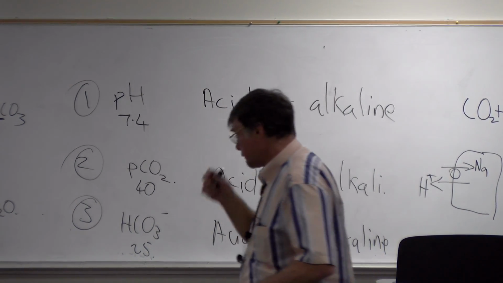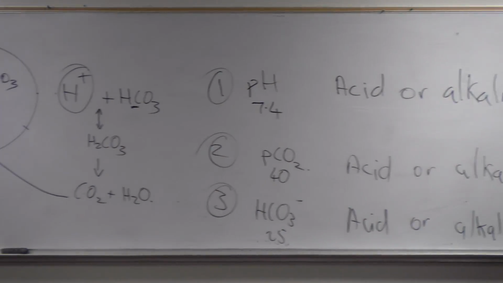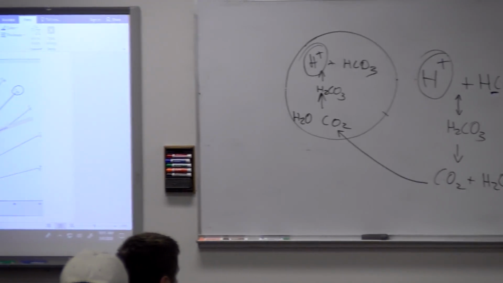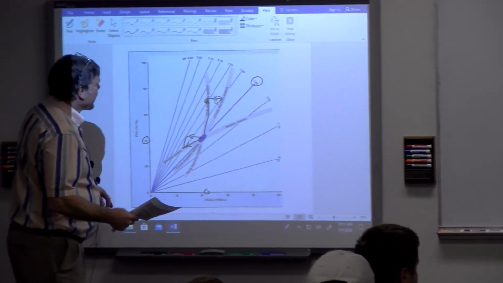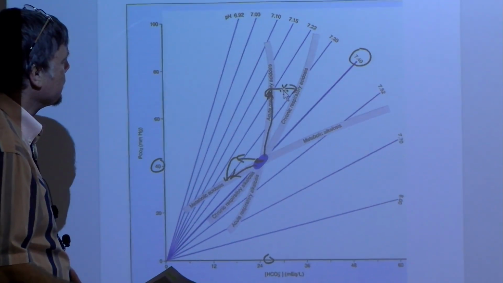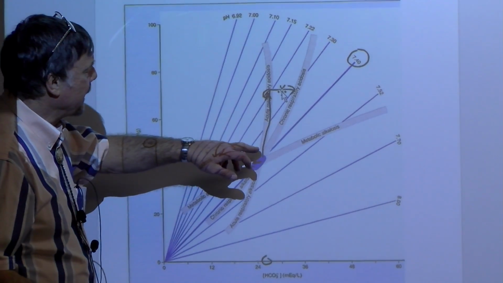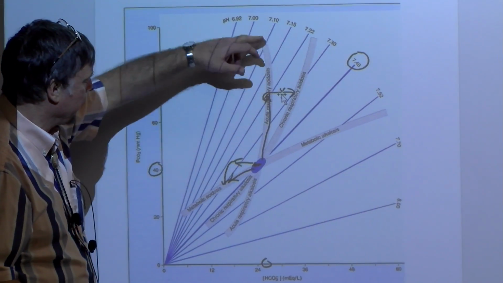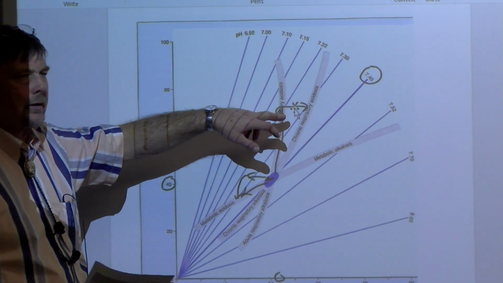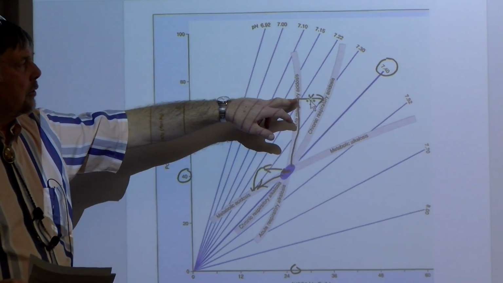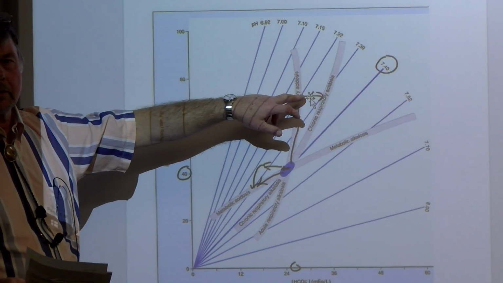So, let's have an acute respiratory acidosis. I think this was it, wasn't it? Yeah, here we go. Acute respiratory acidosis. What's the base excess at this point?